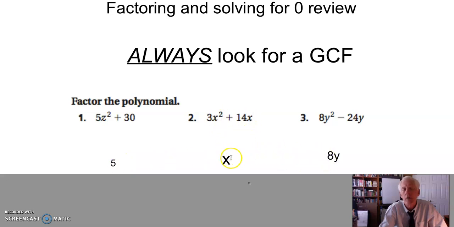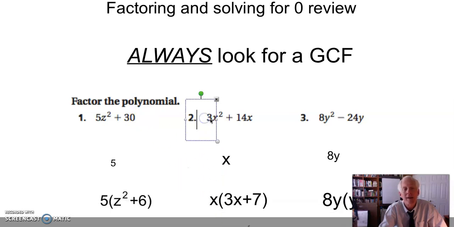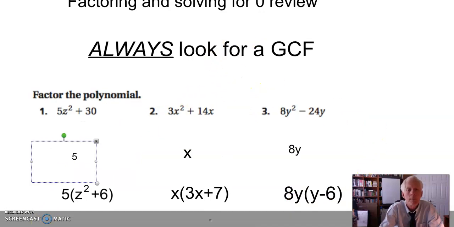You take that out of each term and rewrite it in factored form, and you get the factored form, which is 5 times z squared plus 6, same thing, x times 3x plus 7, and 8y times y minus 6.